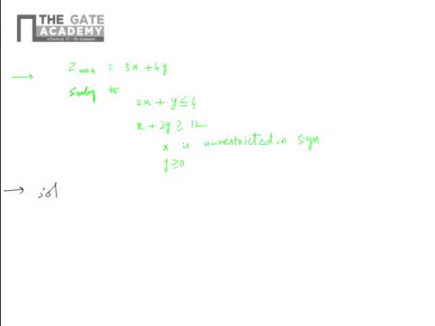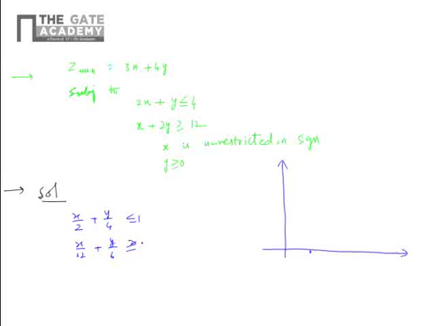The solution is: start the diagram. Again, we know that x by 2 plus y by 4 less than or equal to 1, x by 12 plus y by 6 greater than or equal to 1. So 2, 12, 4, 6.